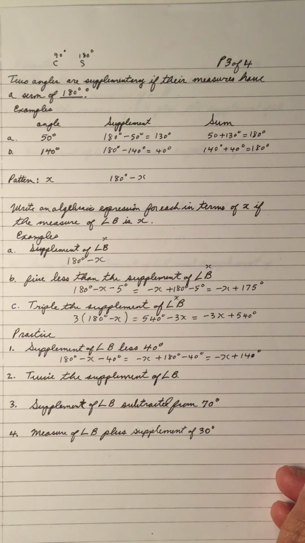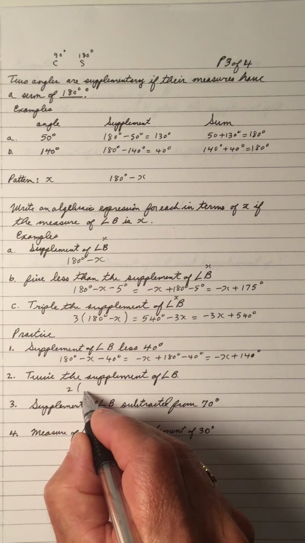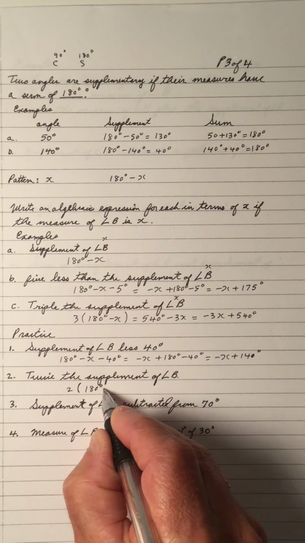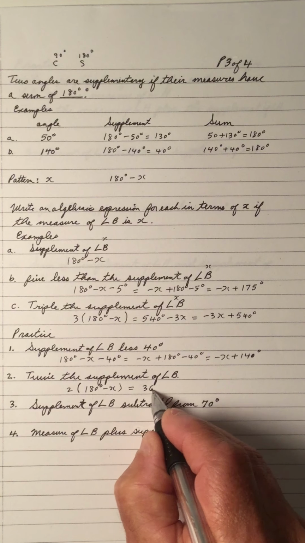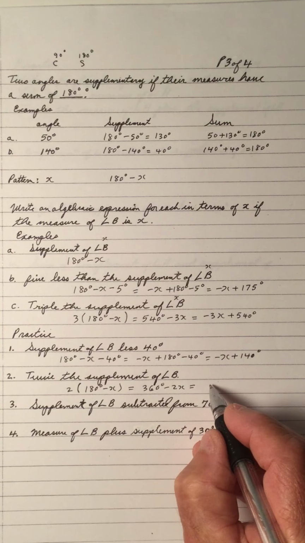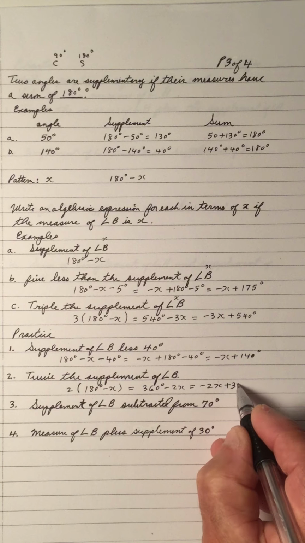Twice the supplement, so it's 2 times. Twice means multiply by 2. Twice 180 minus x simplifies to 360 minus 2x, and written correctly, negative 2x plus 360.